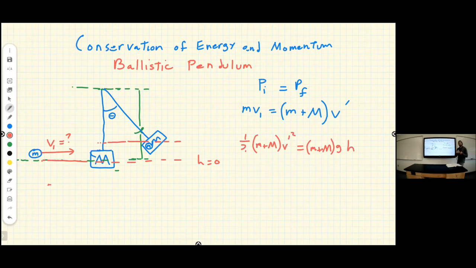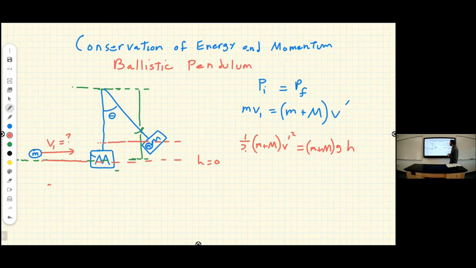Okay, but keep in mind that that height was not measured. So we have to figure out what that height is in relation to the things we have, which are the length of the pendulum and the angle. So if you look at it carefully, you might be able to figure this out on your own.